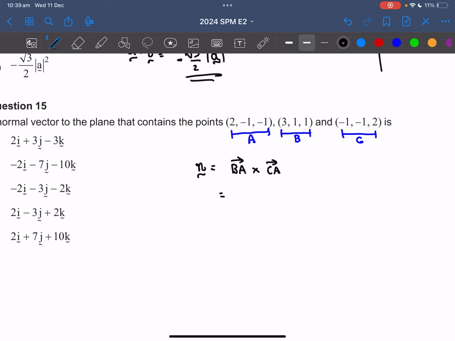Or alternatively, you can also write CB cross AB. Doesn't really matter, okay? So let us define all of these vectors on our calculator, find AB or BA, whatever, and then CA, and then do the cross product, okay?